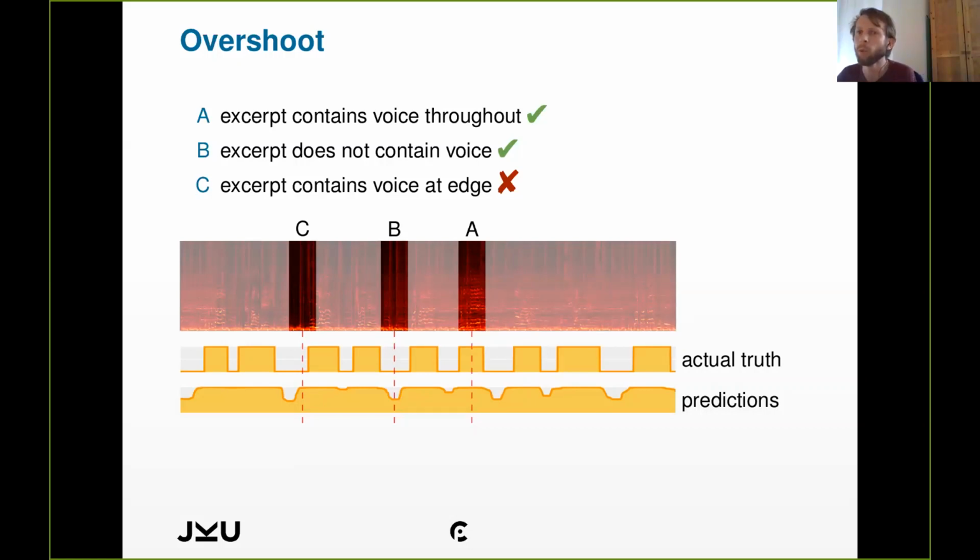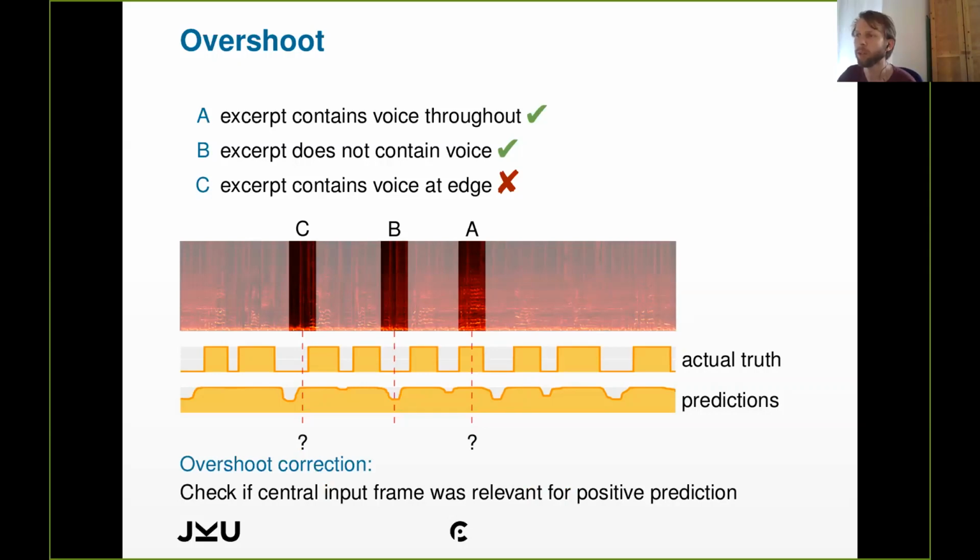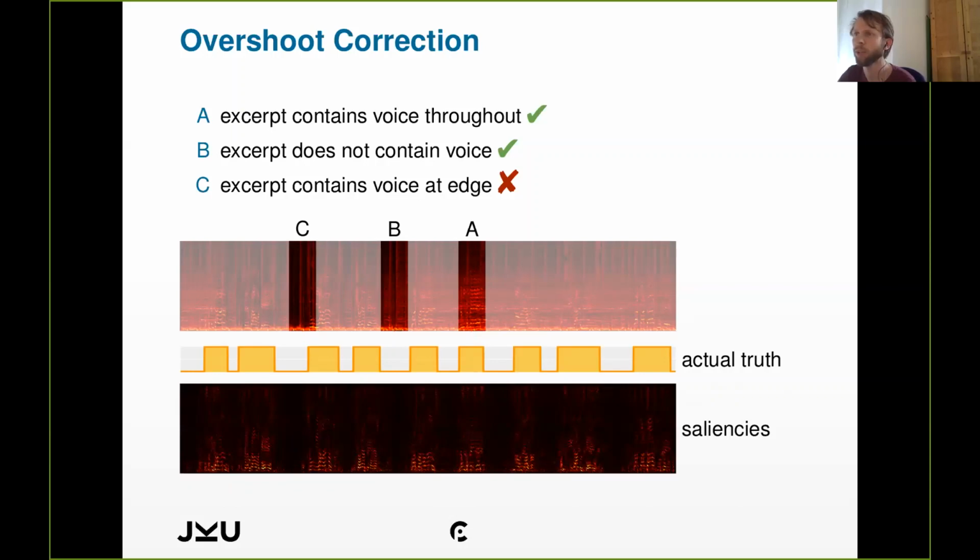So what can we do to fix this? We can ask the network if the central frame of the input was actually relevant for the prediction. And this is done by a technique called saliency mapping. Basically, we now invert the network and we compute the gradient of the prediction with respect to the input. This will show us which pixels have the strongest influence on the prediction.